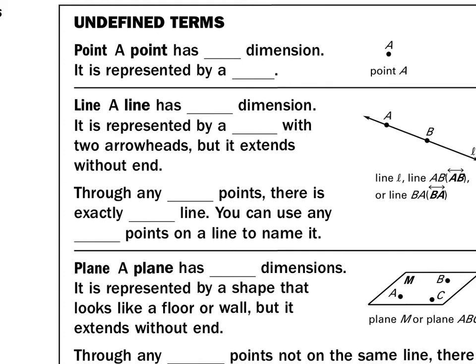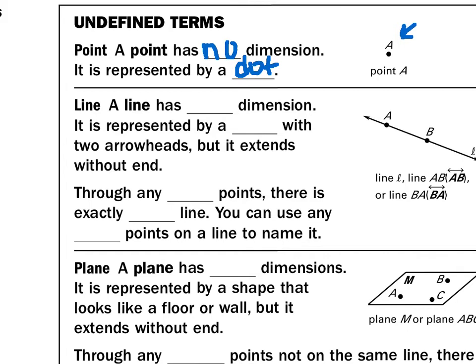Okay, on this page, let's just use some of these vocabulary words. So point A, this point has how many dimensions to it? None. So no dimension. It is represented by a dot. Notice that we usually use a capital A for that naming.